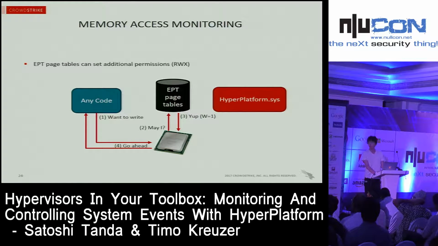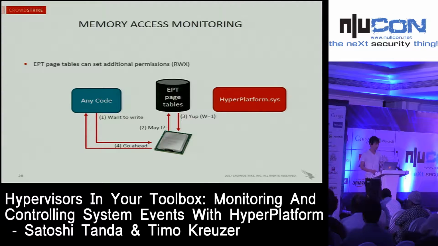The nice thing about extended page tables is that you can set additional permissions on the page. So you can configure whether the page is writable, readable or executable. This chart illustrates how the extended page table is used. If some code tries to write to, say, page X, then the processor looks at the extended page tables to tell whether that page is writable or not.